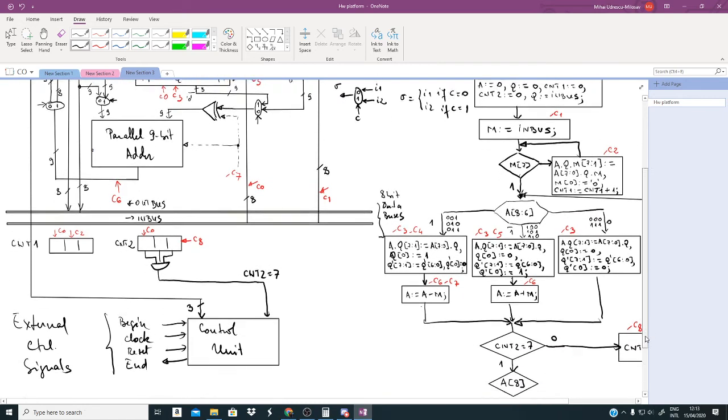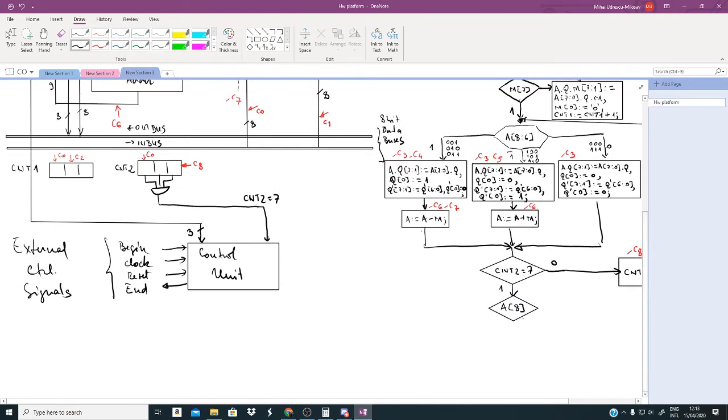So we have A of 8 as well. If A of 8 at this point is 1, it means that we need to perform correction. If not, we are going further.